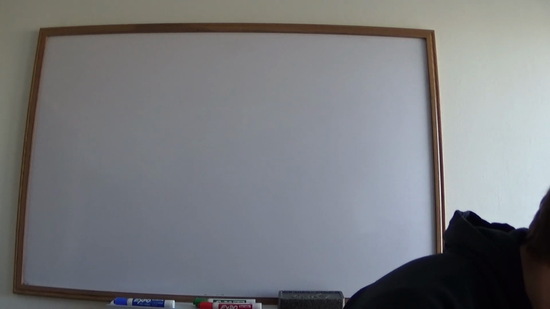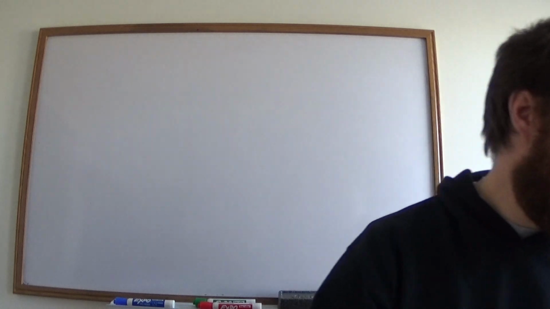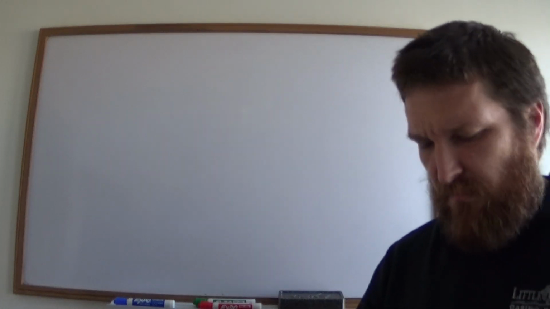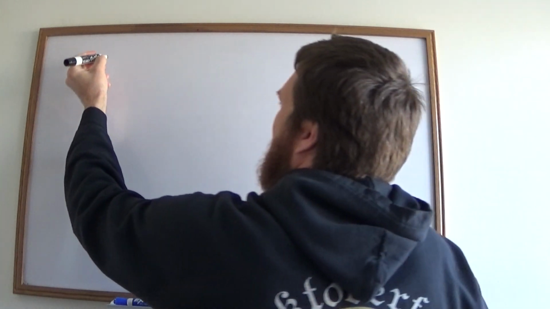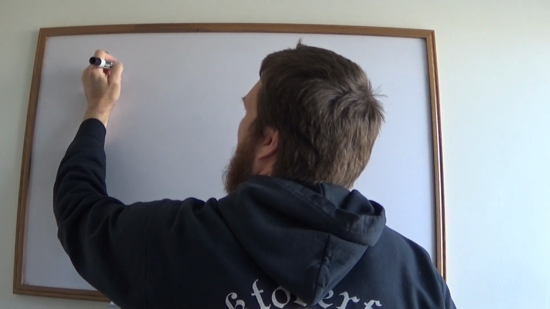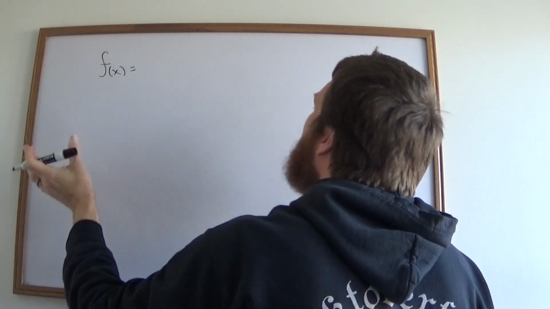Okay, so one thing you're going to need to know is the definition of a derivative, right? So let's just think about what that is. F prime of x is equal to what?